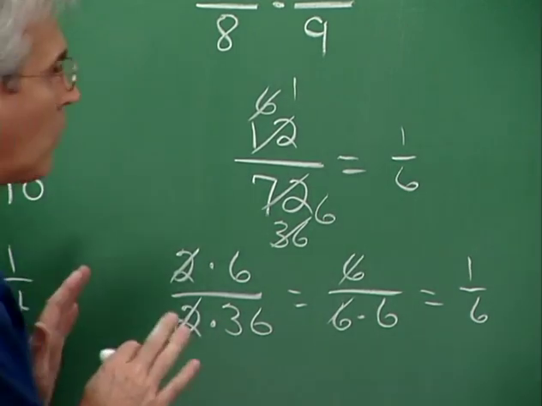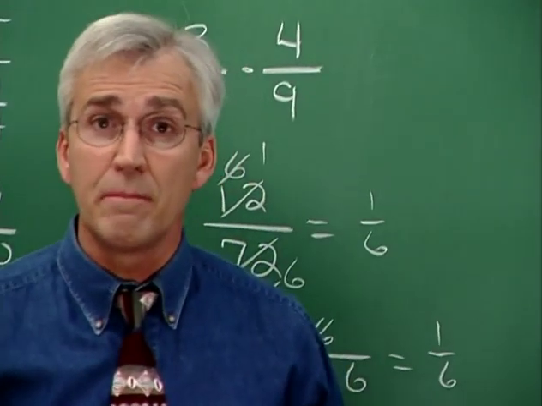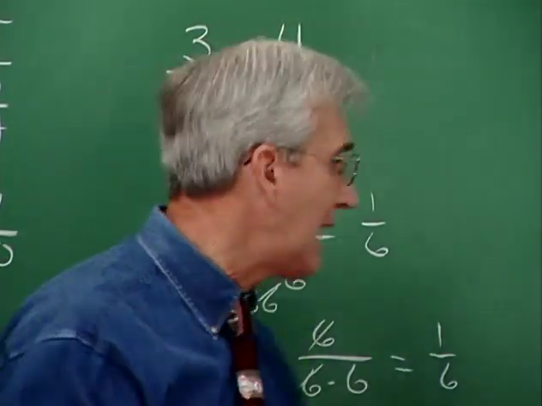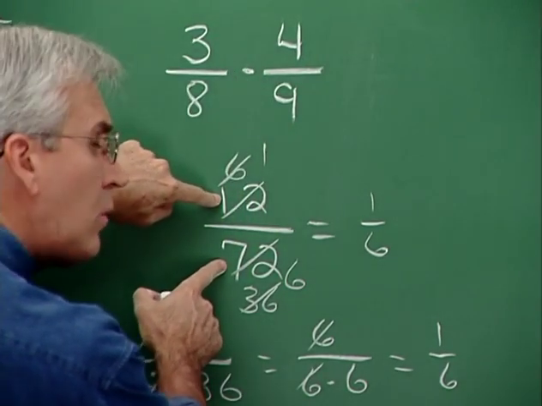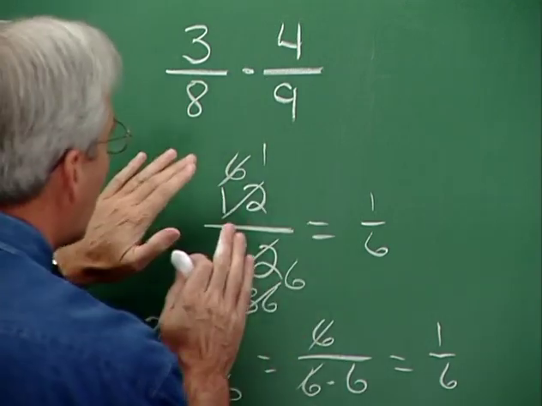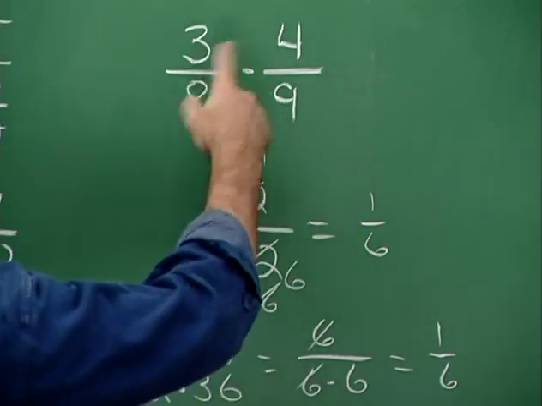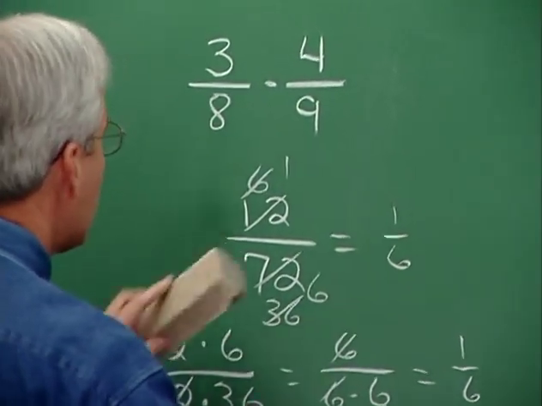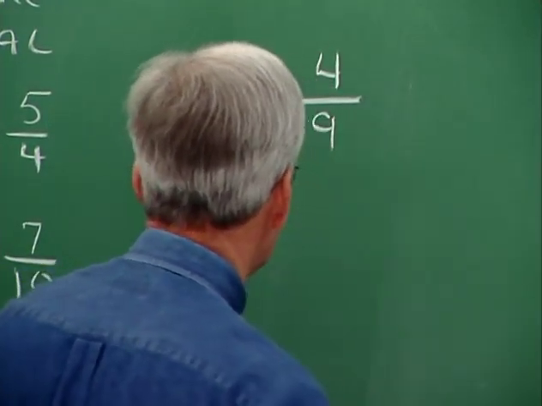Now, there's even another way to approach this problem. Notice that we had all of this cancellation business after we arrived at an answer of 12 over 72. Could we have performed some of this reduction before we even arrive at this step? And the answer is yes, that in the original problem we can perform some operations that will allow us to reduce, and that situation goes like this.